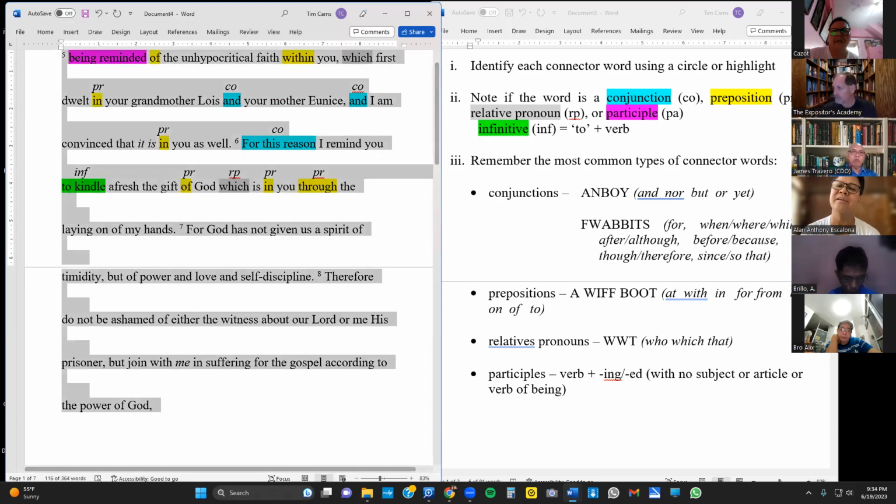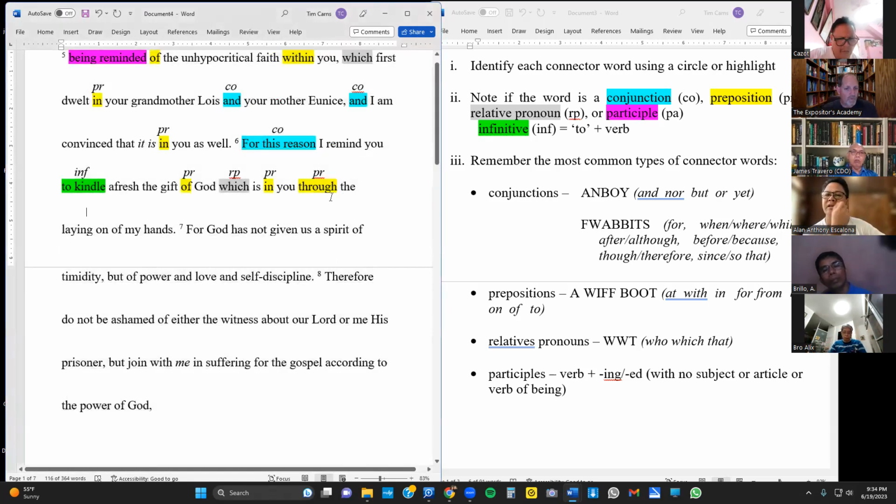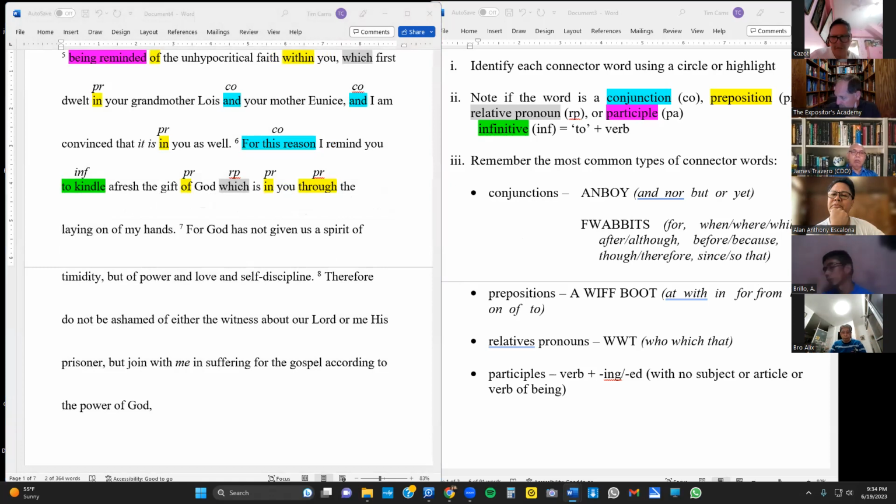On. No, I think the laying on, they go together. Okay. Laying on. Yes, laying on. But what is that? Is this a connector word or what is it? Participle. Is it a gerund or a participle?